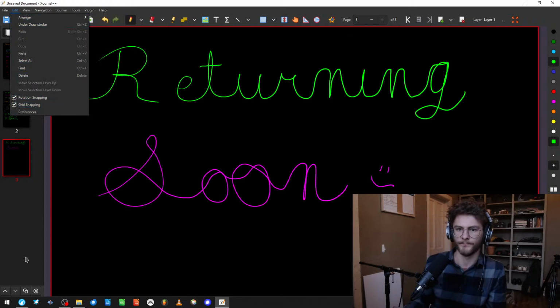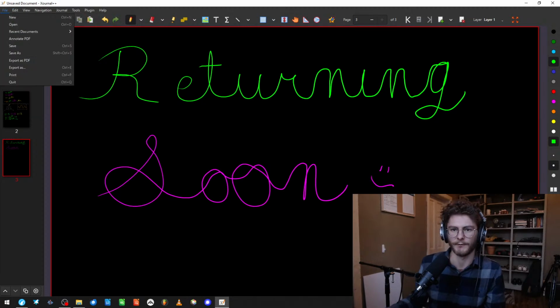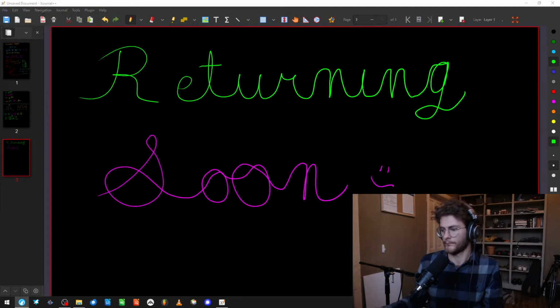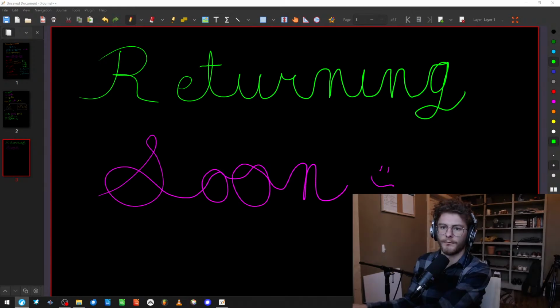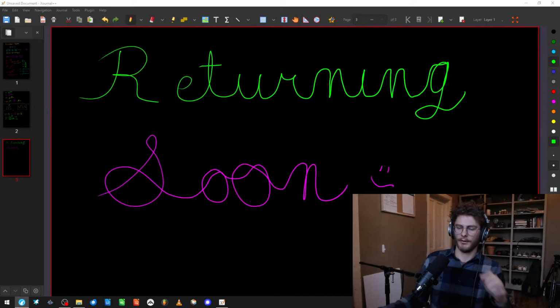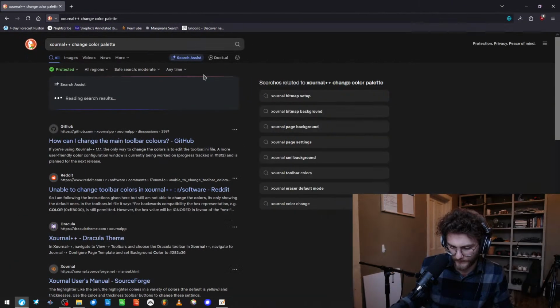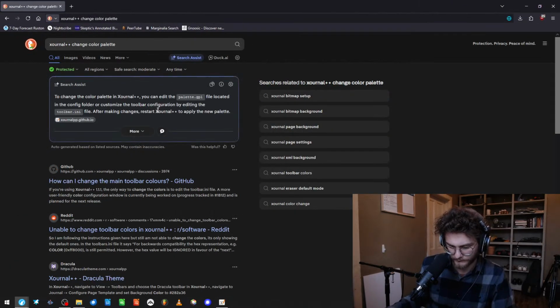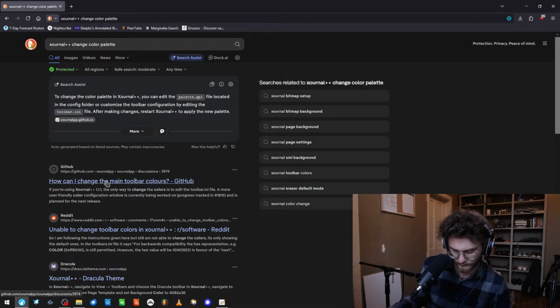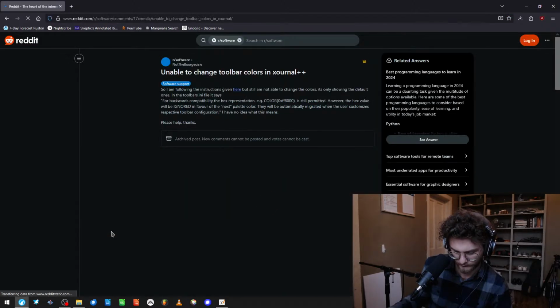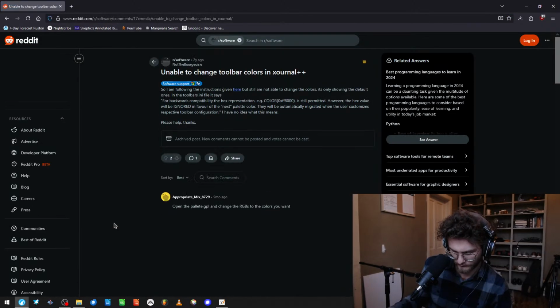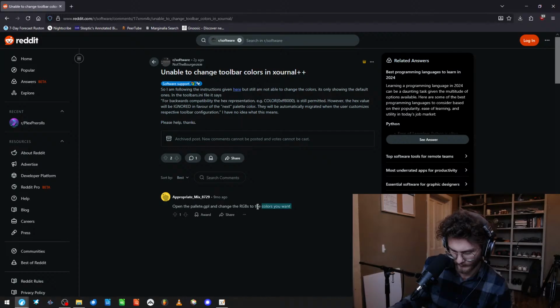Here, let's go to a browser and look up how to do this. Change color palette. Let's go into here. Oh, tell me it's not a thing you have to change a file for.